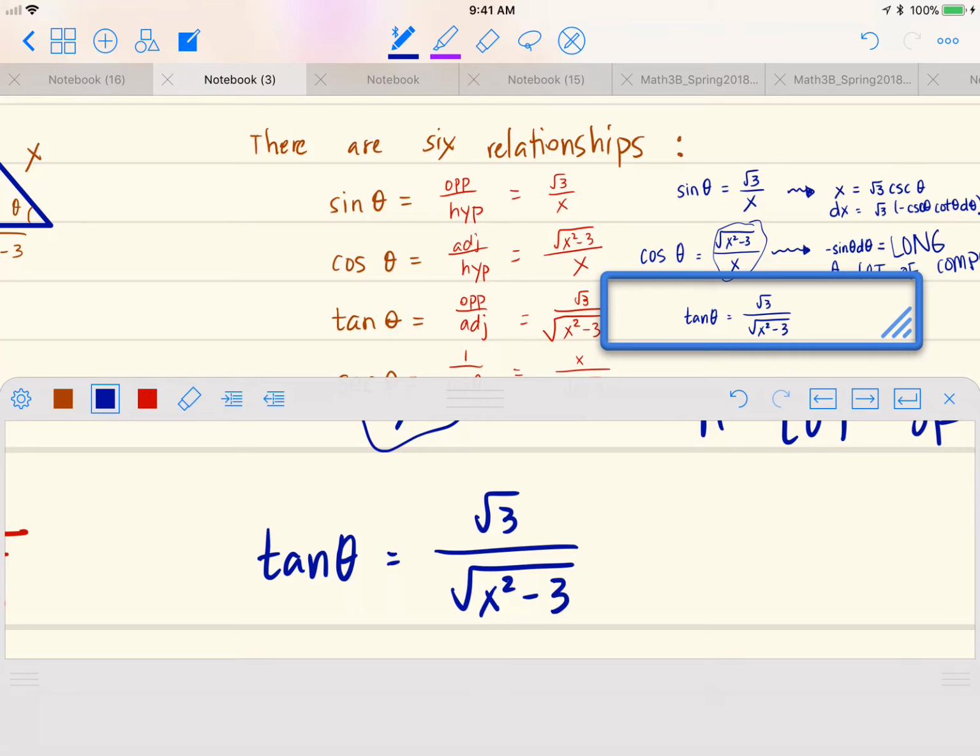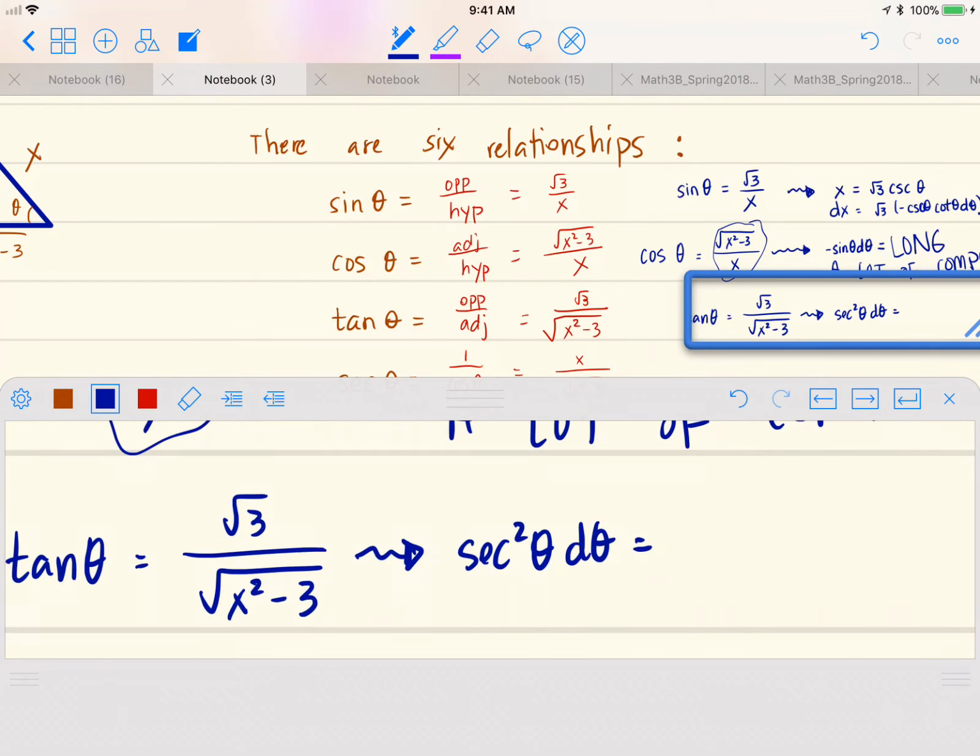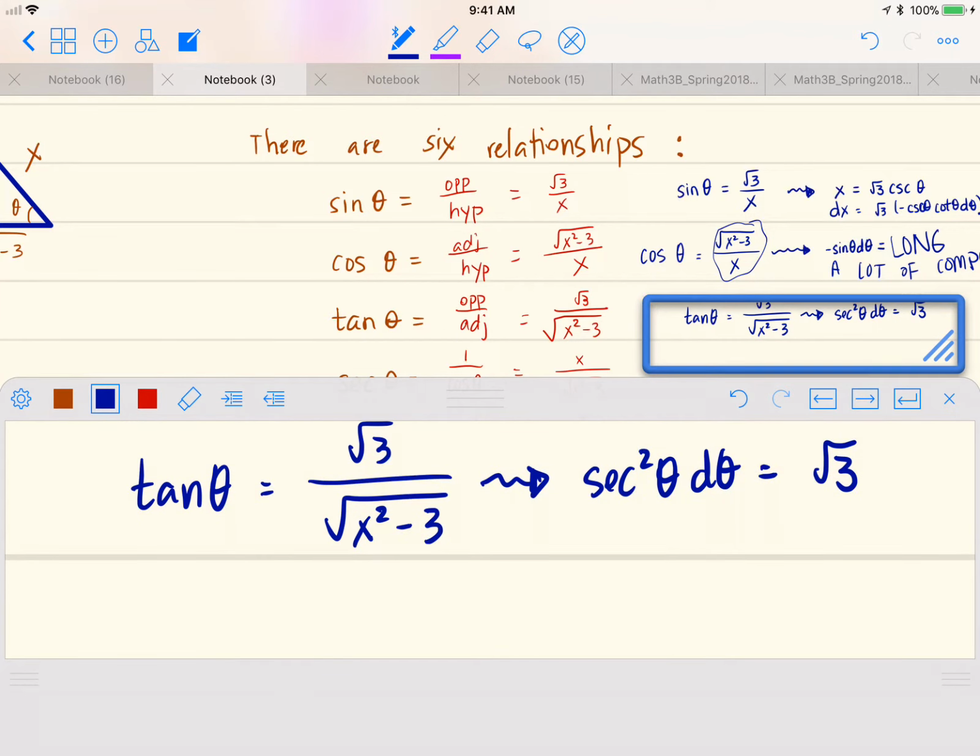Again, I could get secant squared theta d theta equals, and then over here I would get root 3. Now let's just look at this. This is essentially x squared minus 3 to the negative 1/2, right? So now I would get negative 1/2. I want the differential of this.